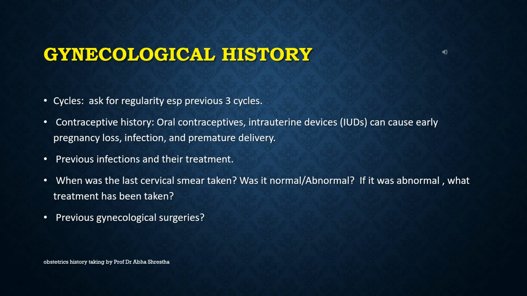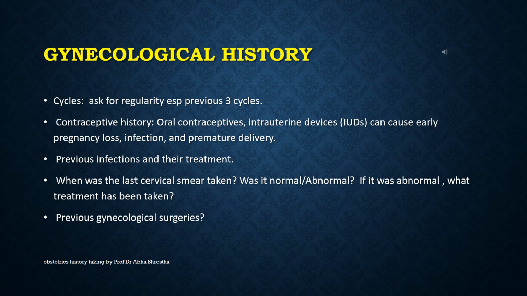We should ask about previous history of infections like PID, vaginitis, or cervicitis and the treatment, and whether her partner was treated or not. Has she ever taken a cervical smear? If so, when was the last cervical smear taken? And what was the result? Was it normal or abnormal?